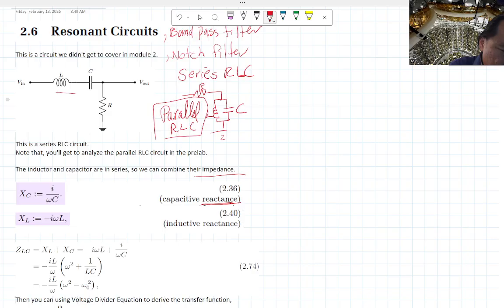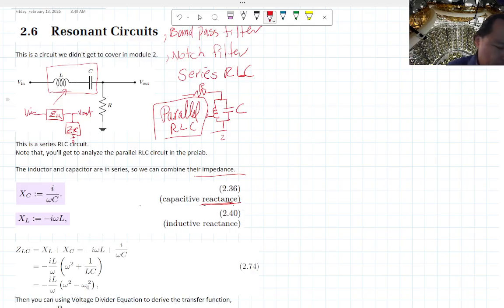I'm going to box these together and combine the two components. Since they are in series, and impedance acts like resistors, you can just add them without dealing with reciprocals. We end up with an impedance for the LC part, then the impedance of the resistor, and we're taking the output here.